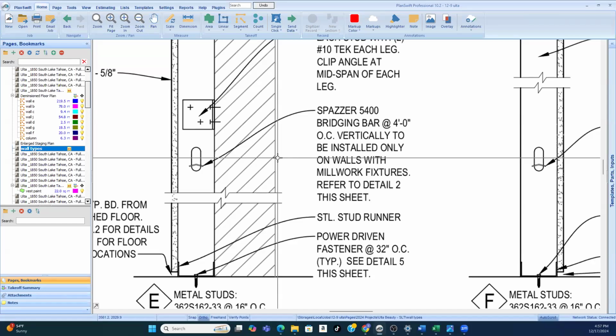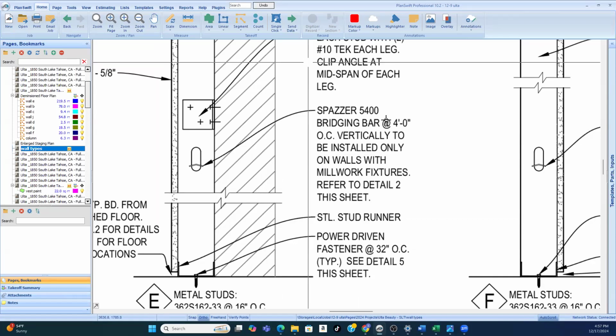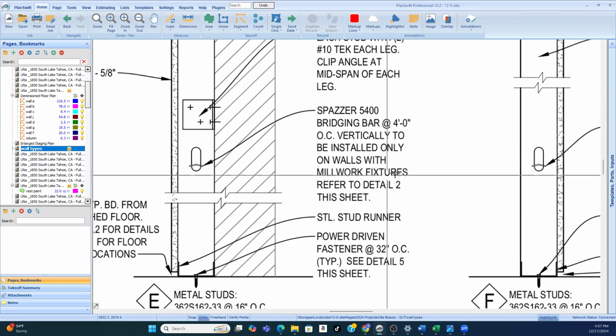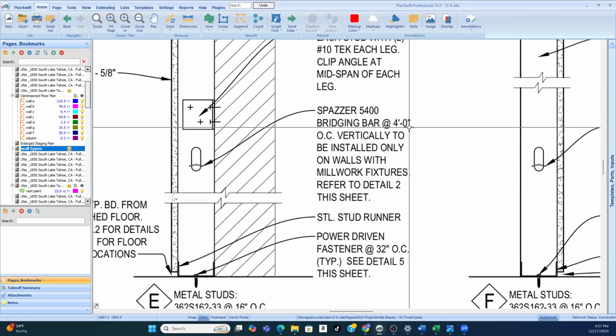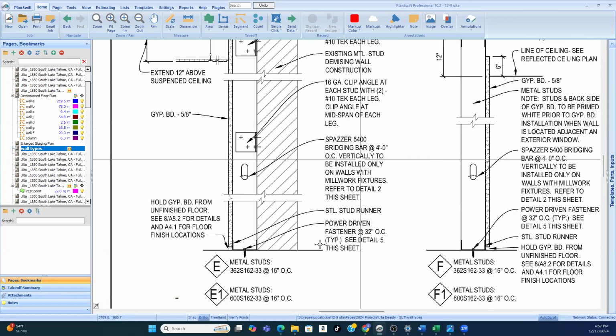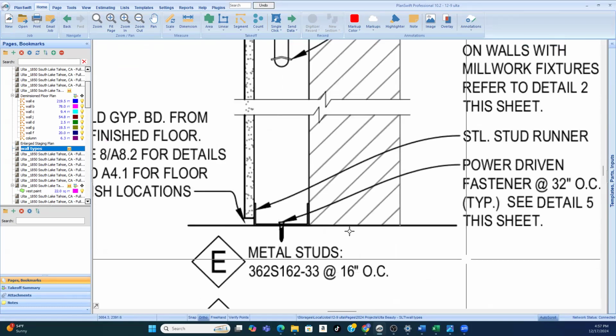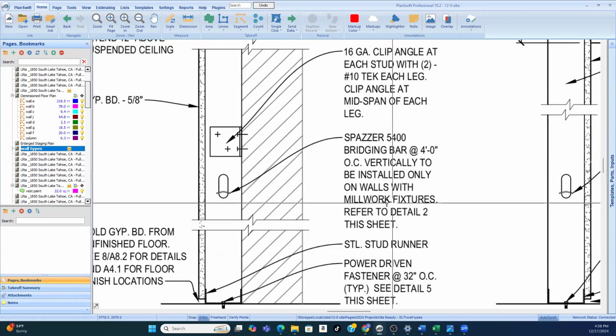No matter what it is, just get used to it. We're putting the bridging bar at 4 inch vertically to be installed only on walls. So how many linear feet of the bridging bar do we need? Well, we need as many linear feet as wall E that we have, and then we got to look and see, is it on the millwork?